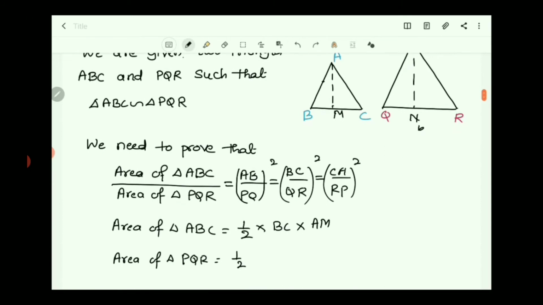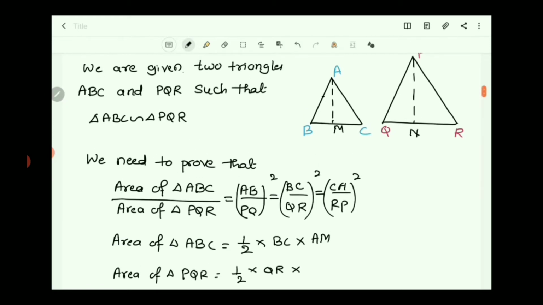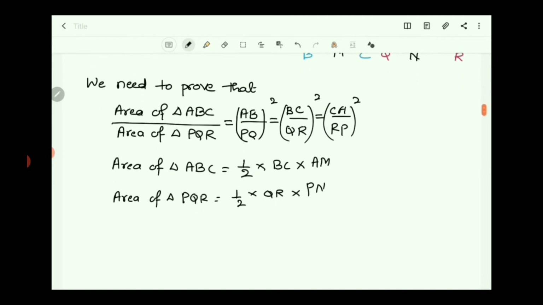So you write half into QR into PN. So you got the area of triangle ABC and the area of triangle PQR.